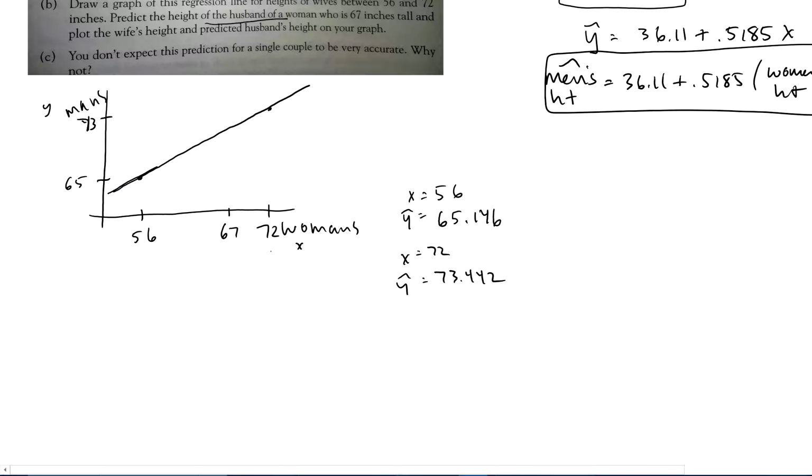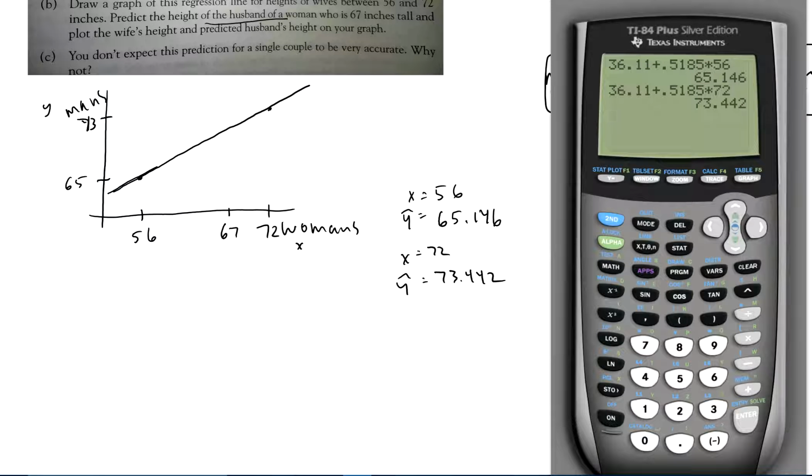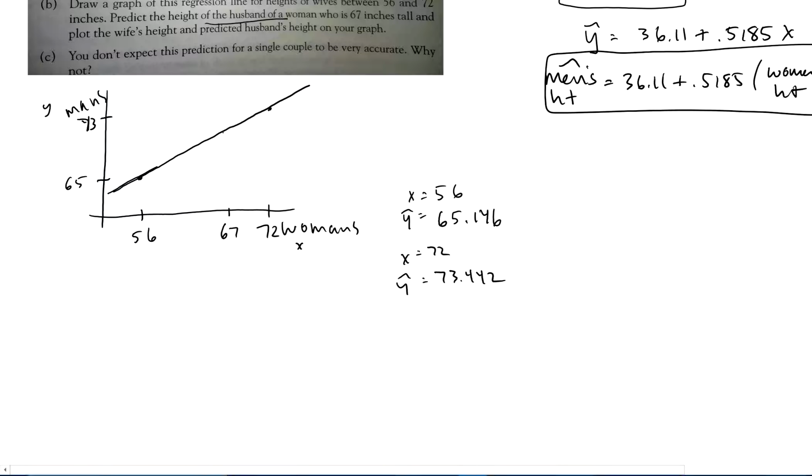And then it's asked to predict once x is 67 and put it on the graph. So if I go back, 67, boom, 70.85. That's my prediction.